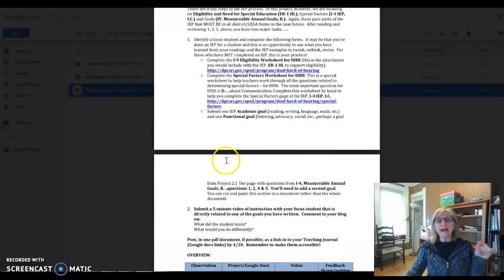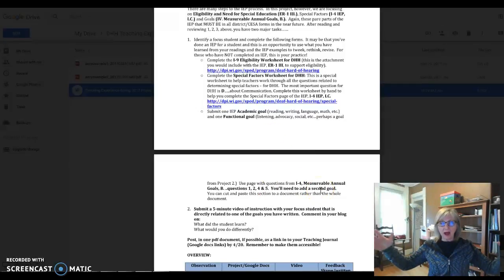And then I'd like you to submit one academic goal and one functional goal. The functional goals are sort of what we did in Project 2, so you may draw a functional goal from Project 2 and incorporate it here. I lead you to the right form.